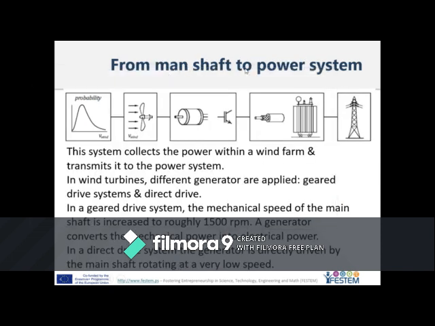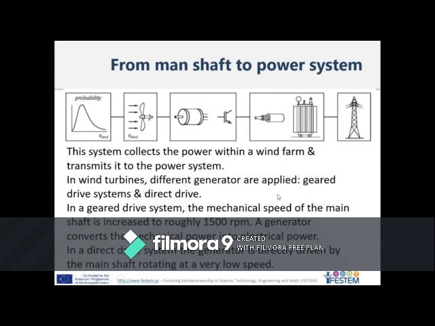From main shaft to the power system. We're talking about this. This system collects the power within a wind farm and transmits it to the power system. In the wind turbine, different generators are applied.